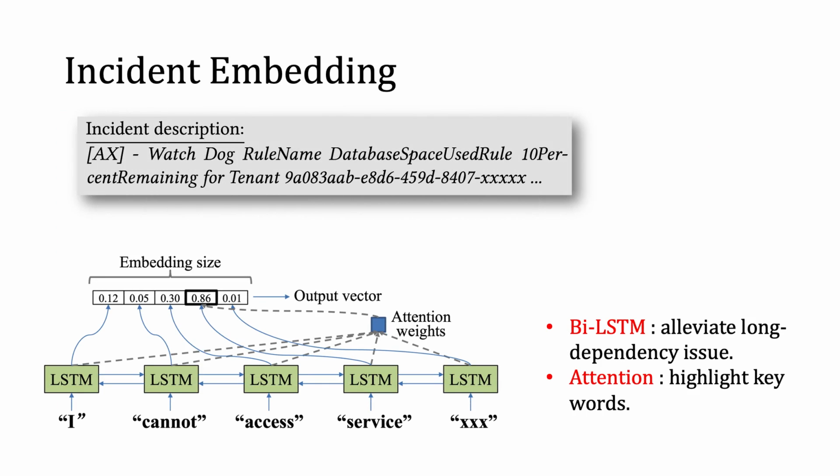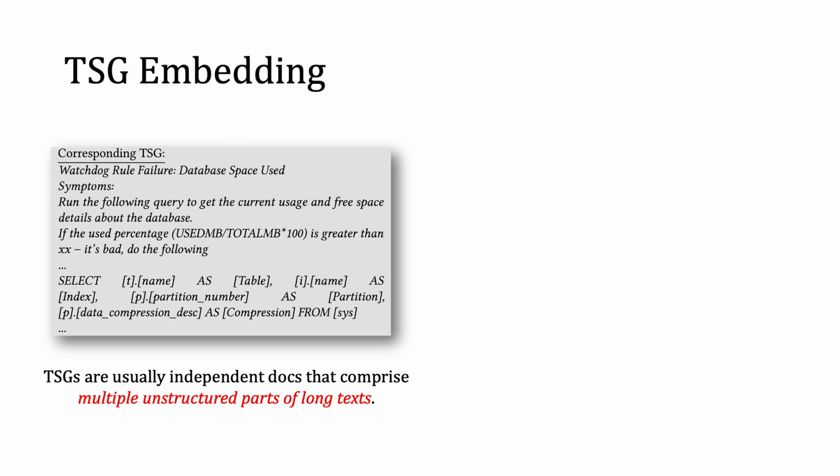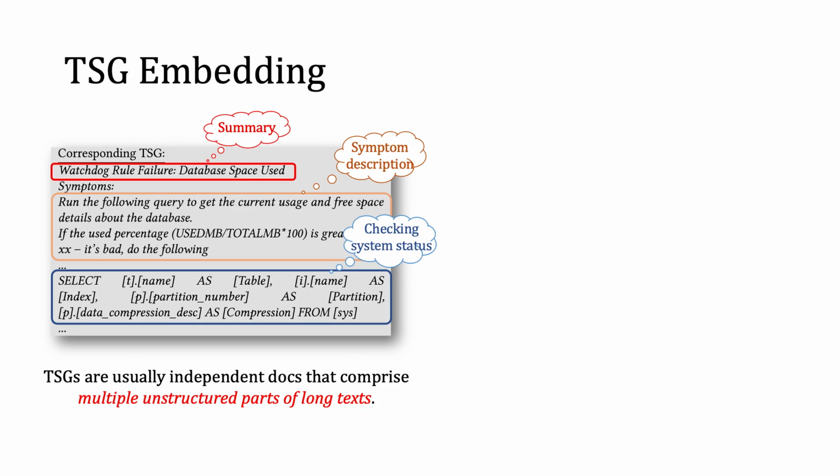To embed the descriptions of incidents, we employed a bidirectional LSTM model incorporating an attention mechanism to capture the key information. The reason is that incident descriptions are usually not too long. However, as explained before, TSGs are typical documents that comprise multiple unstructured long texts.